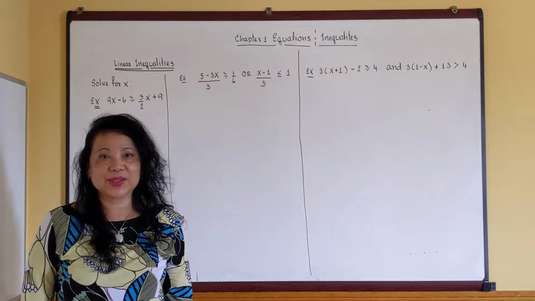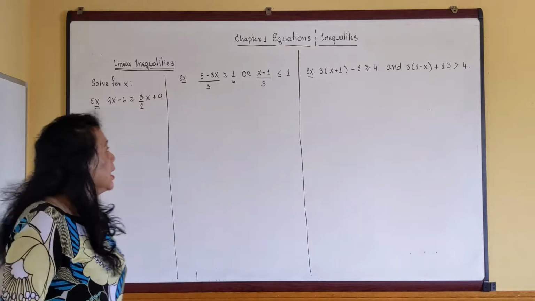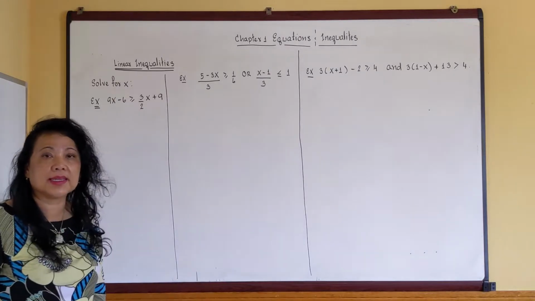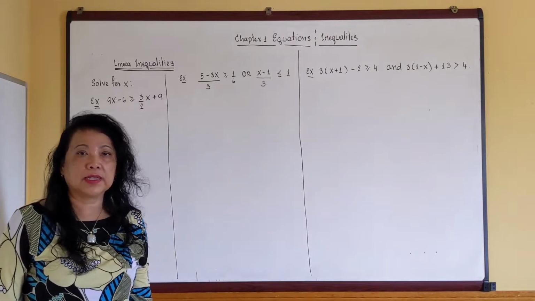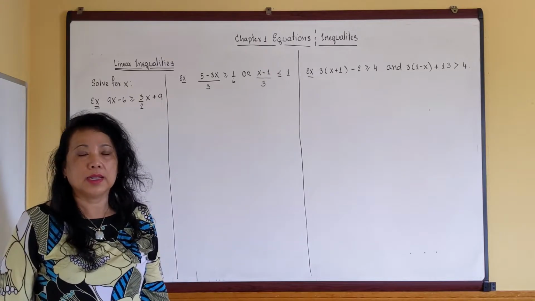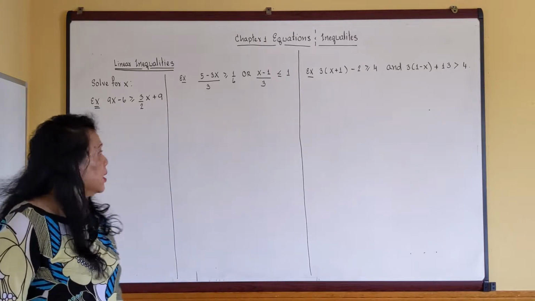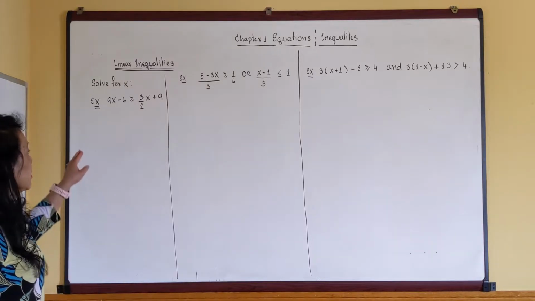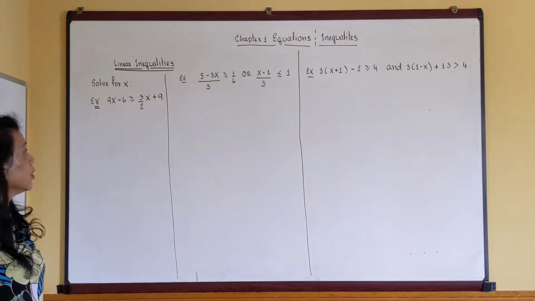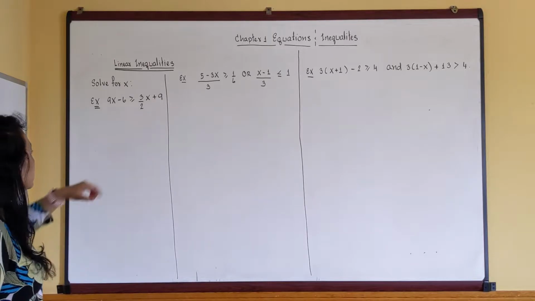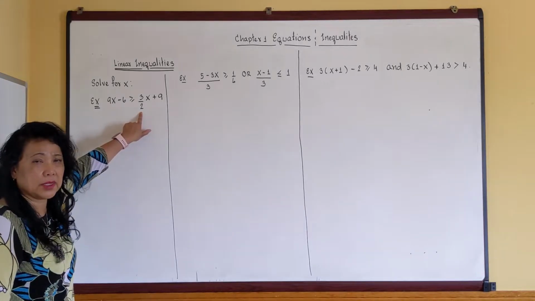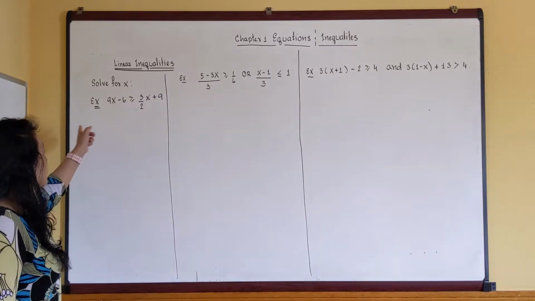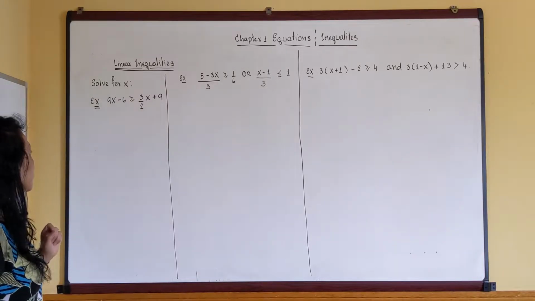Hi everyone, let's go to our next section. It's inequality. For inequality, you're going to have greater than or equal, less than or equal. So let's look at our first example. I need to solve for x. Same idea as the equal. I want to get rid of the denominator. I have a denominator here of 2. So I'm going to multiply every single term by 2.